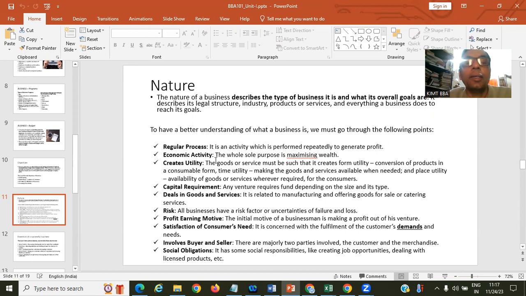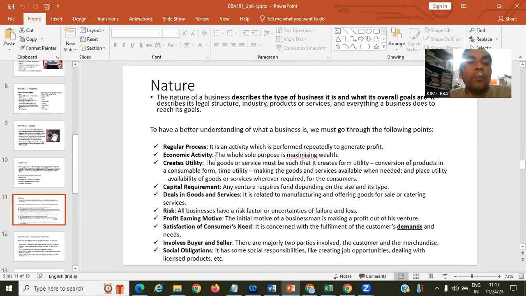Economic activities. I was always telling, what is economic activity? In all the discussion, I was telling this point, economic activity. Economic activity means which is associated with profit, with money, with finance. If you are not giving any money to anyone, that is non-economic activity.